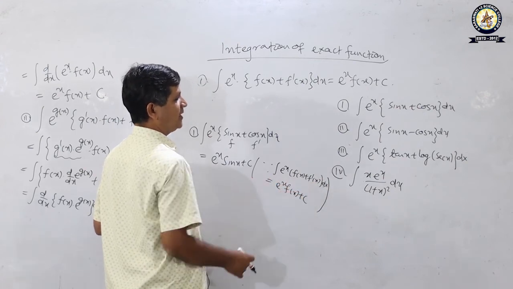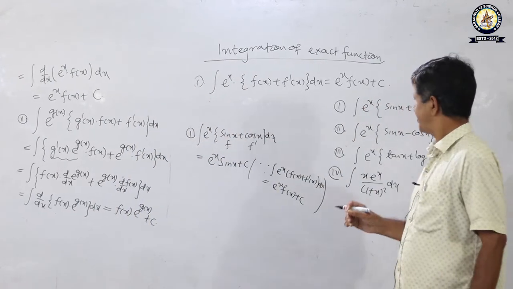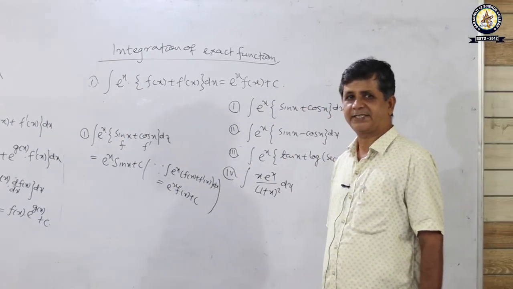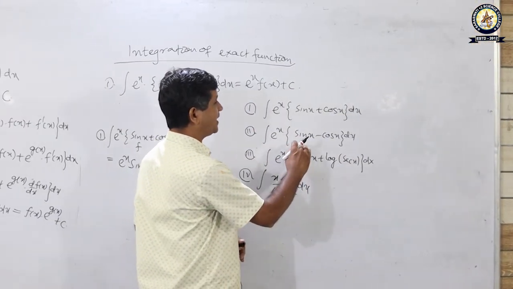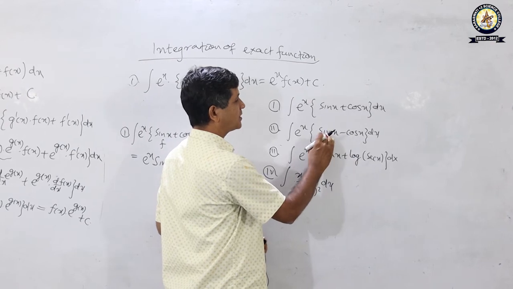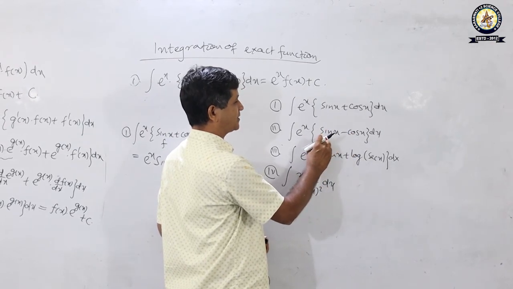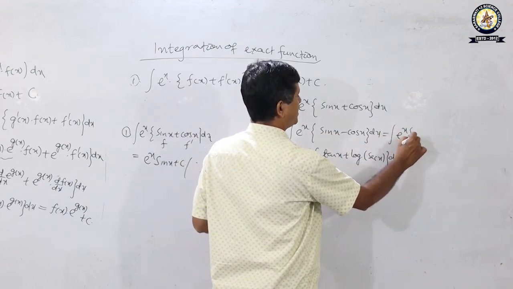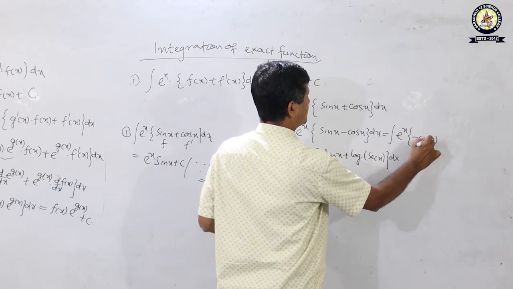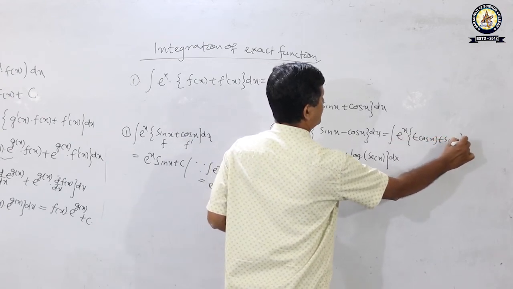Right. Similarly, you see the derivative of sin x is cos x. So the derivative of minus cos x is sin x. So we write integration of e to the power x into (minus cos x plus sin x) into dx.